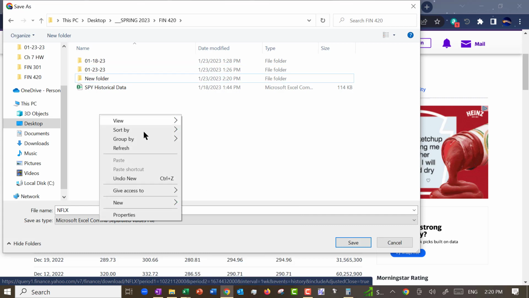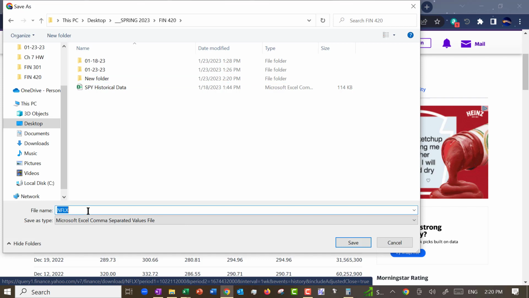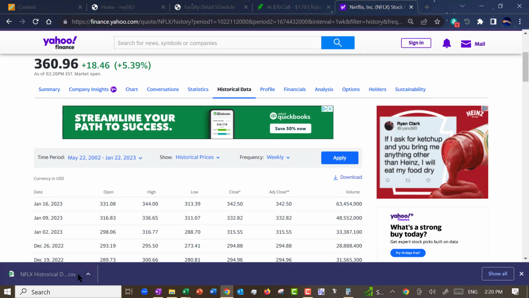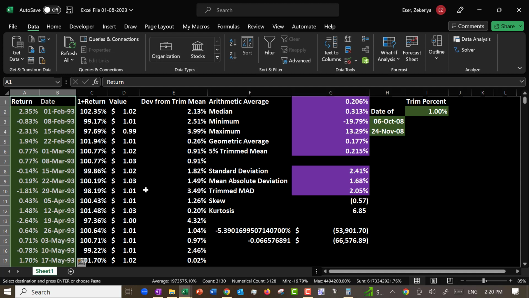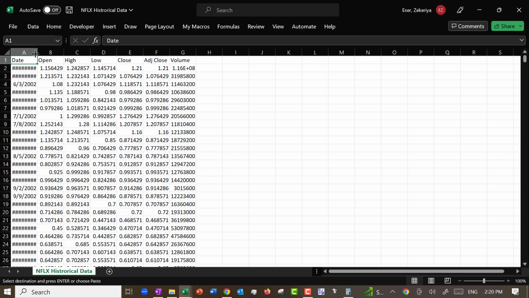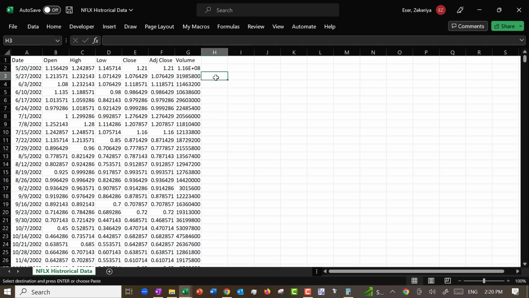That's not what I want to do. So open that up. Let's calculate the returns. Adjusted close.